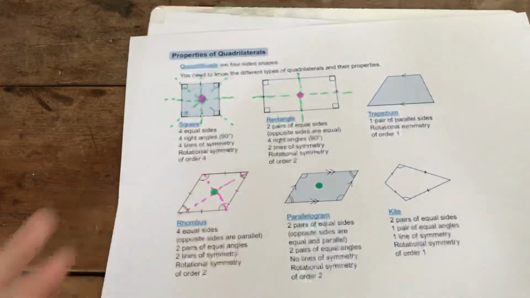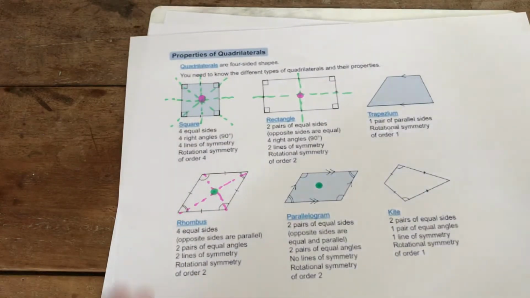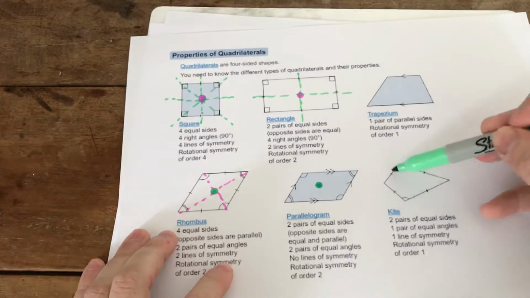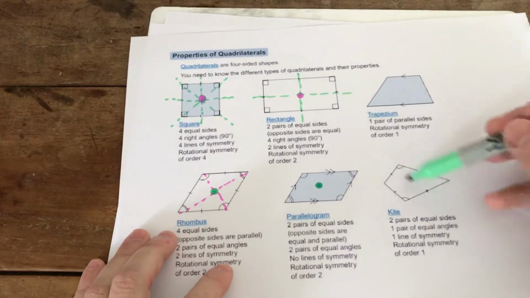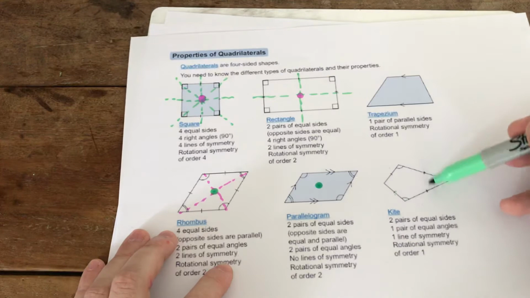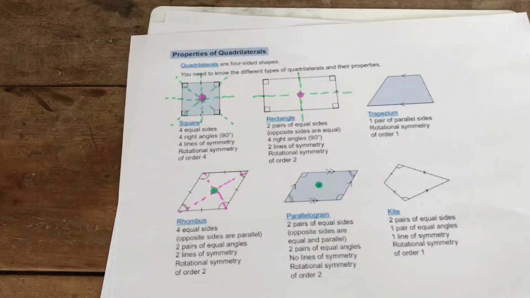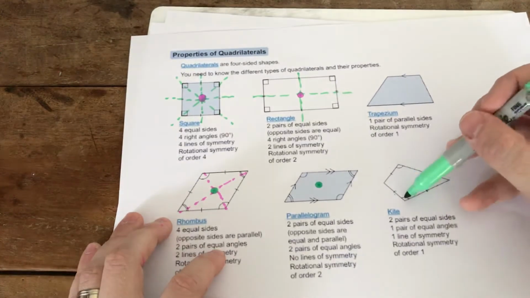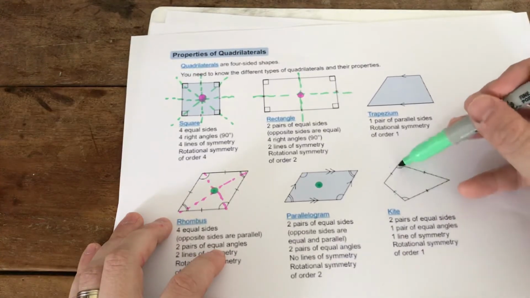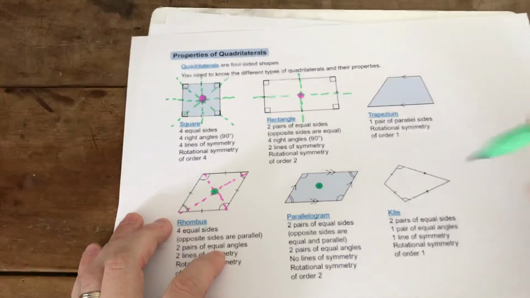A kite has 2 pairs of equal sides. These are these here and these here. Notice they're not necessarily opposite, they are adjacent. Adjacent means next to each other. It has 1 pair of equal angles, and that is these angles that can be found here, and they're not always opposite each other.